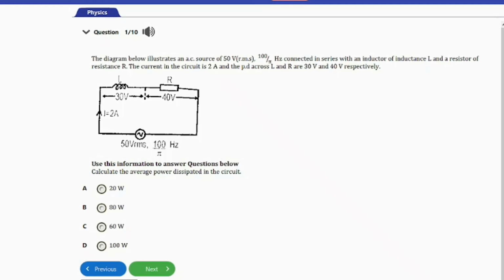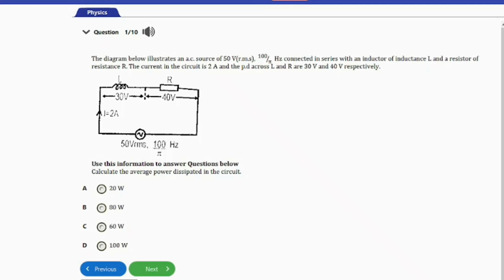Alright, so guys, for the average power dissipated in this circuit, that's going to be I squared R. From the diagram, you can see the current is 2, so when you square the current, that's 2 squared, that's 4. Then times the resistance.